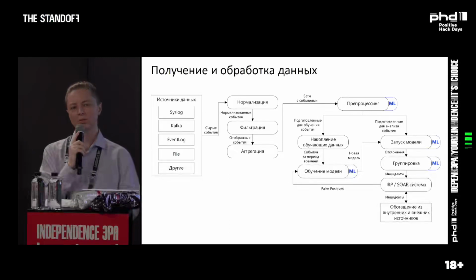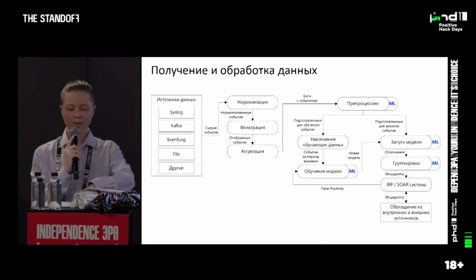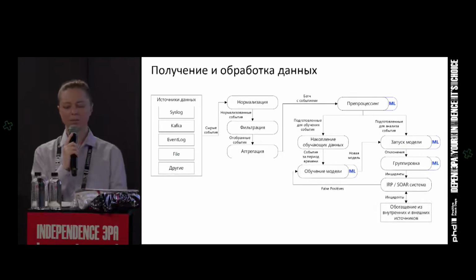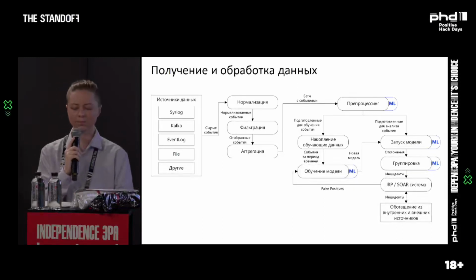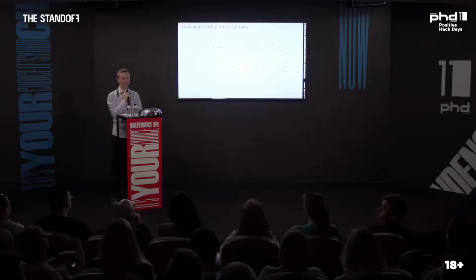And we saw an increase in performance. We doubled it or even multiplied it by 10 times, depending on the types of data we received. And then we conducted pre-processing.